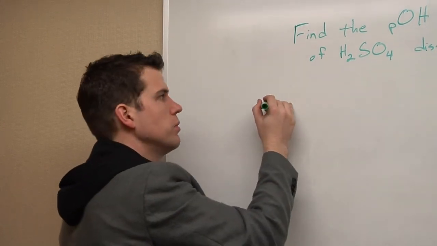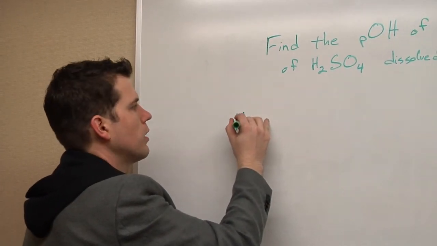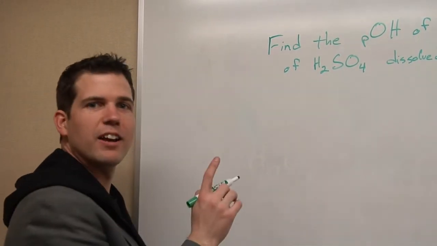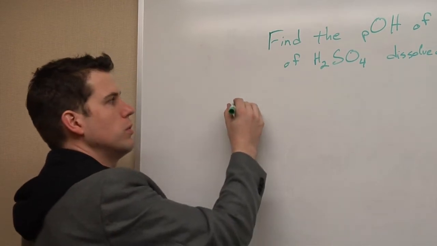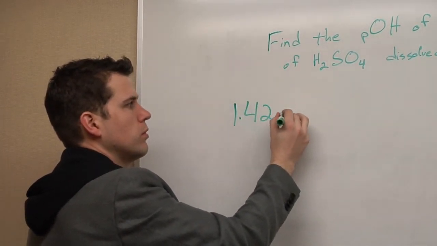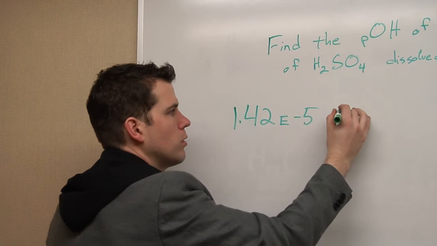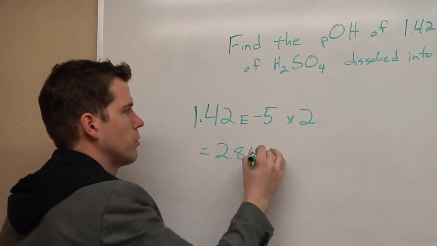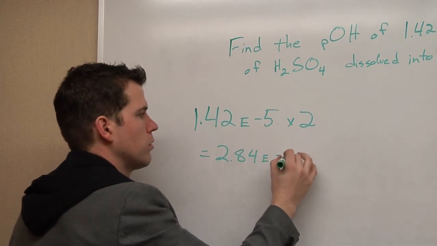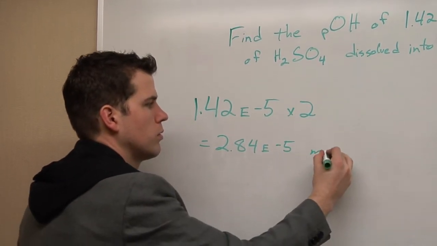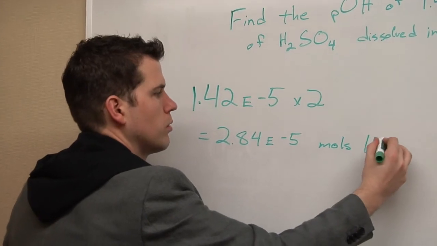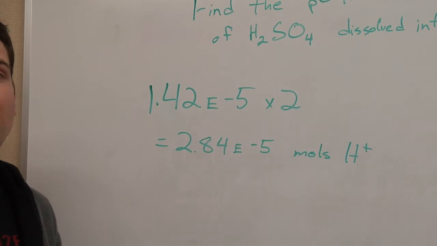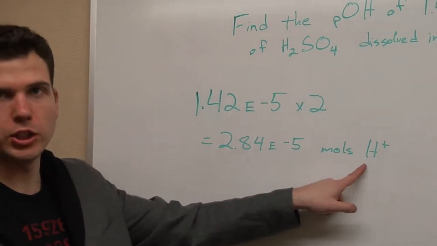And that will give you 2.84 times 10 to the negative fifth moles of hydrogen.